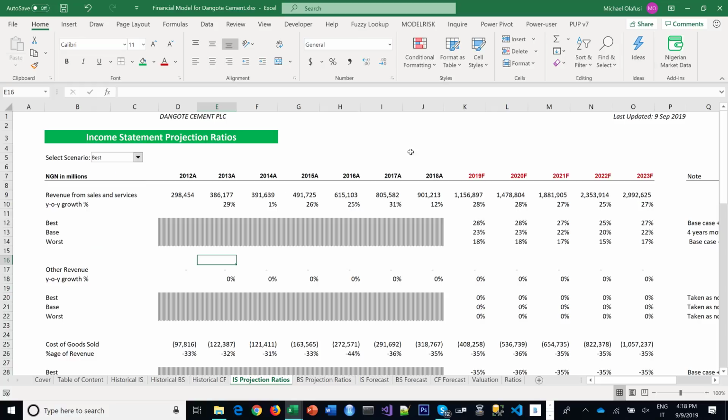So to make this a lot easier for the users of the report, I can also make it obvious here what scenario we are running.